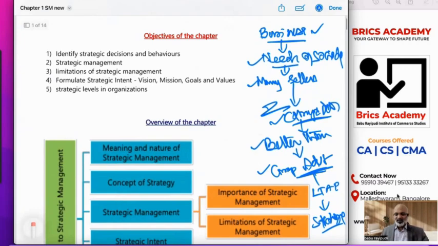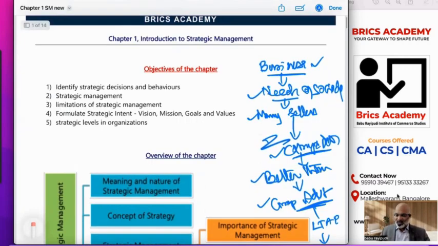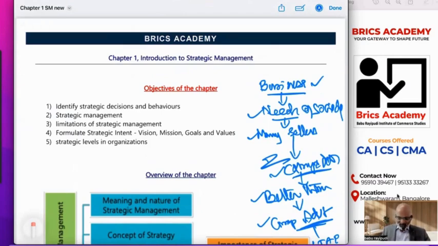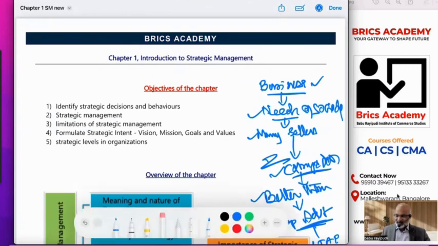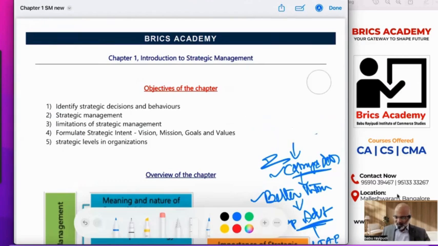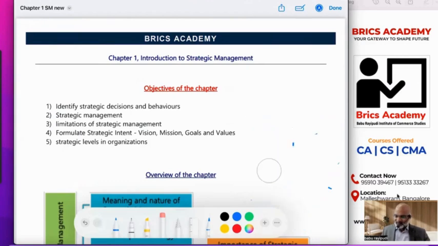Now look at this carefully. The first lesson is the introduction to strategic management. In the introduction to strategic management, we have the following concepts.